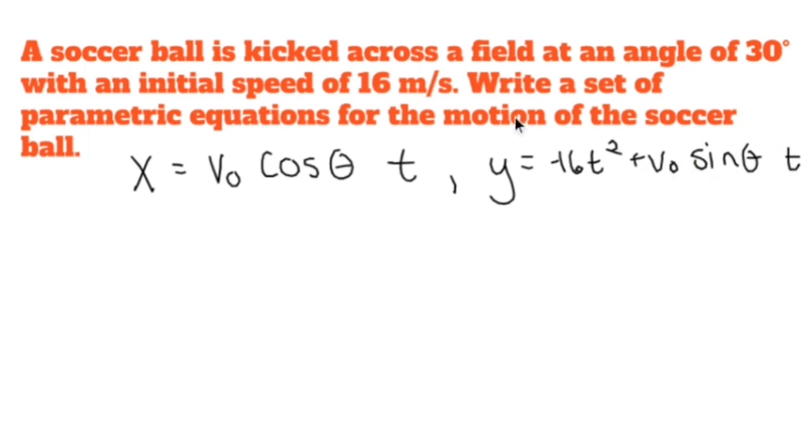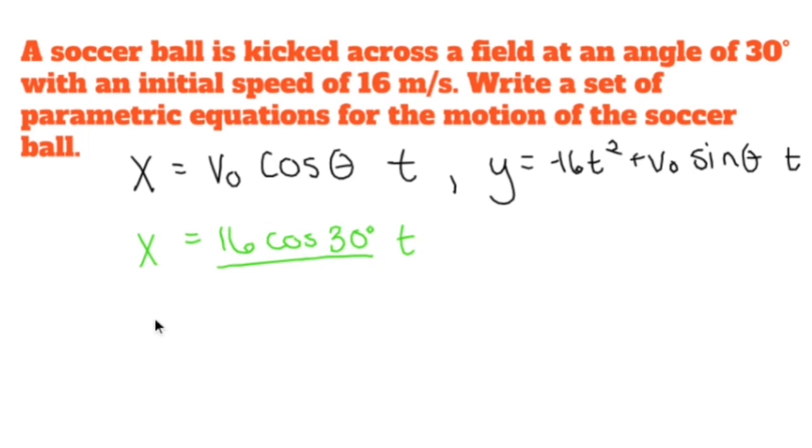If I started at a specific height, I would add h, but I'm not doing that here. My x value is going to be the initial speed, which is 16, cos theta, which is 30 degrees. All of that times t.